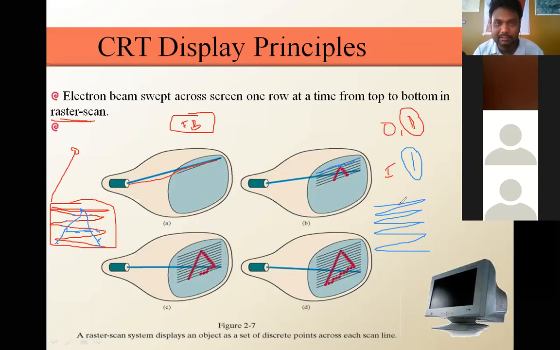In the second line, we want to highlight here, and in the same line we want another point here. Likewise, we are going to get our desired shape. So this is all about the raster scan type display.